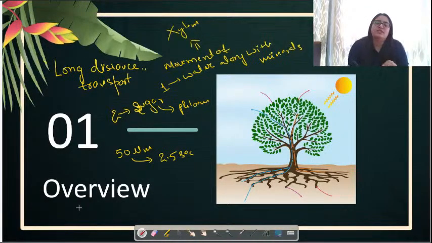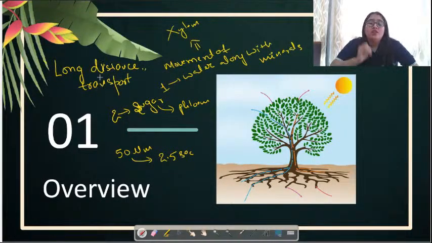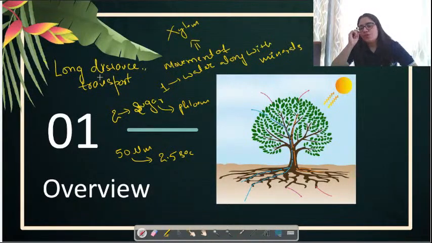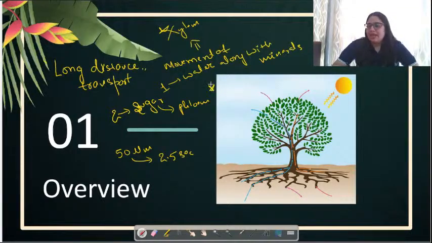And here comes the importance of long distance transport, where the long distance transport system works to transport substances within xylem and phloem. And let me tell you, students, the long distance transport system that is used via xylem and phloem to transport their respective substances is the mass flow or bulk flow system.